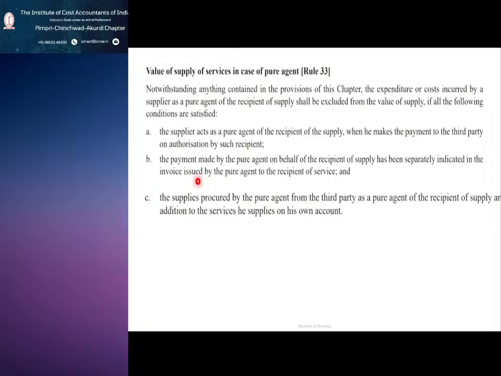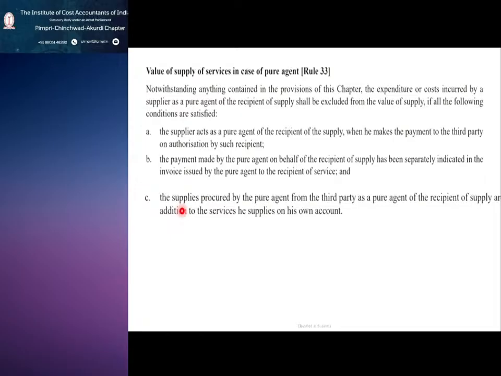Please have a look at the second point carefully.